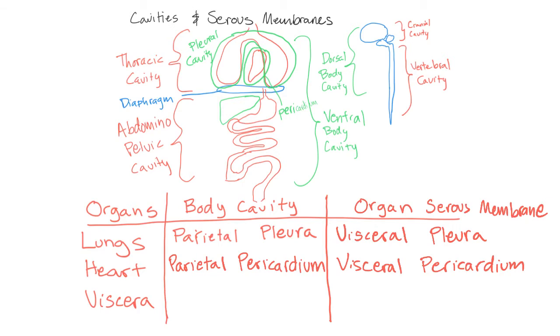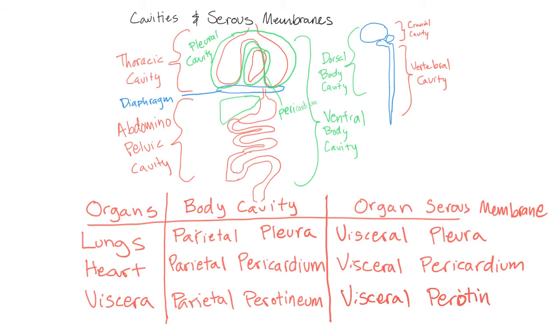Okay, and then in the abdominopelvic cavity, you have the parietal peritoneum, and that's going to line the whole abdominopelvic cavity, and then all those organs in there, so the liver, the intestines, the stomach, will be surrounded in their own serous membrane.